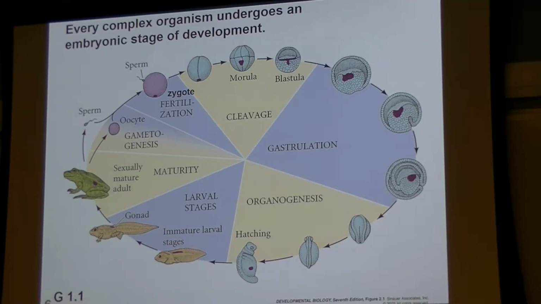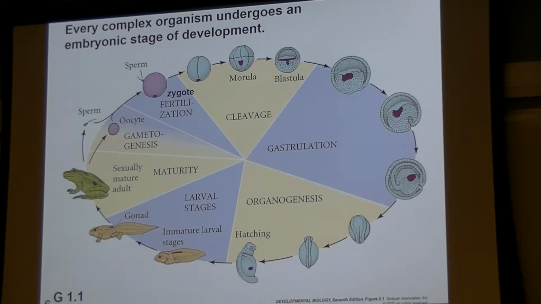In the end, this sets up 3 different layers that will be the foundational layers that all other organs and tissues come from. I'll just tell you the names so you'll recognize them when you hear them again. It's mesoderm, endoderm, and ectoderm. And that's what we'll get at the end of gastrulation. And then we'll tie in from those tissues what happens to each of them as time goes by.